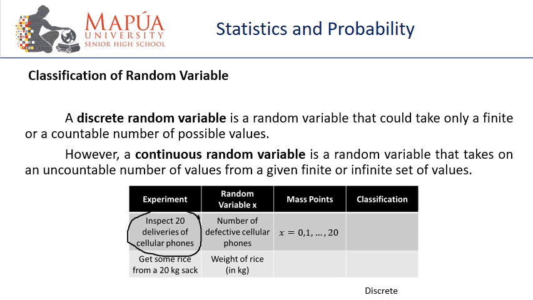It will be discrete. For the second experiment, getting some rice from a 20 kilogram sack. The random variable x for this example is the weight of rice in kilograms. Therefore, the mass points will be, if expressed in terms of inequality notation, x could be between 0 and 20 inclusively. Therefore, since we are talking about weight, this will be a continuous random variable.